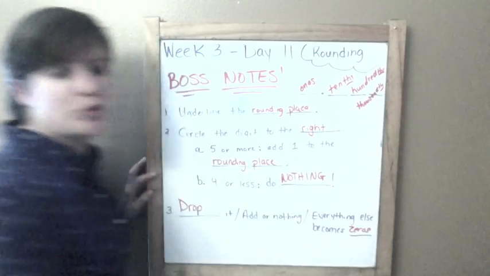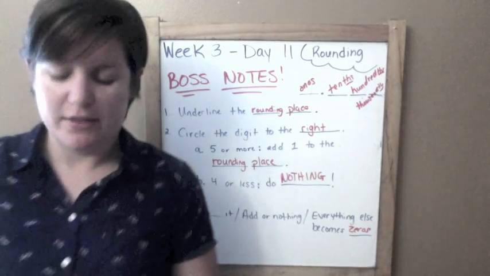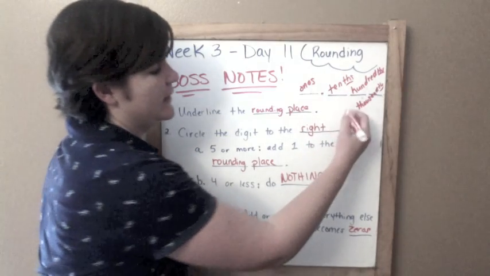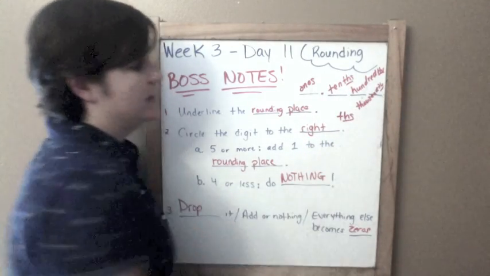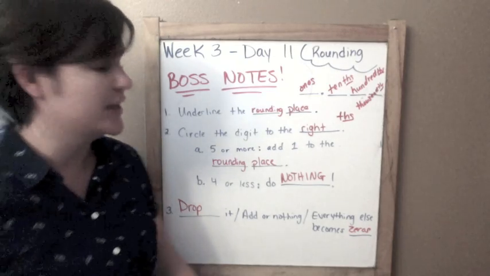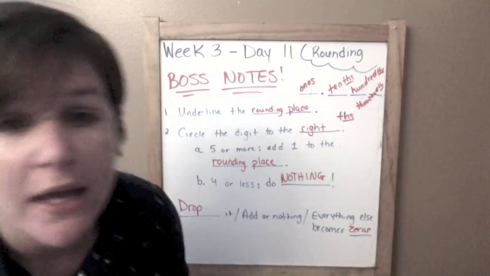So make sure you write that in there. Just write 10 and put the THS, 100 and put the THS, and 1,000 and put the THS to get that sound. All right, let's go to number 1.